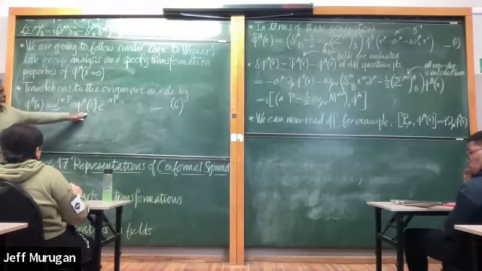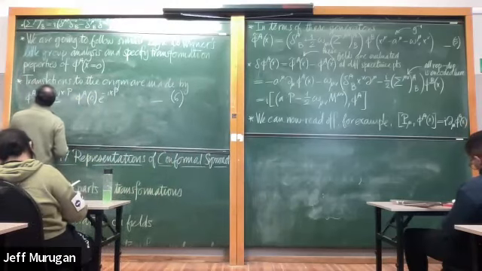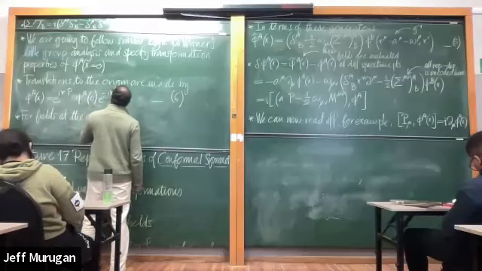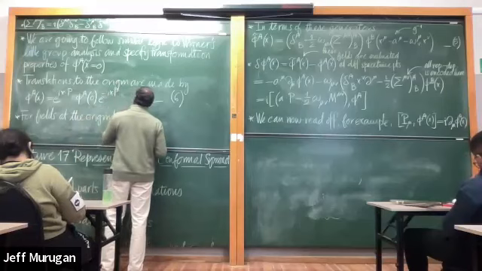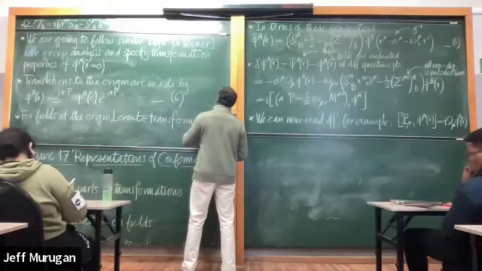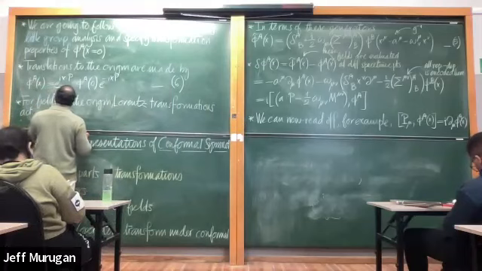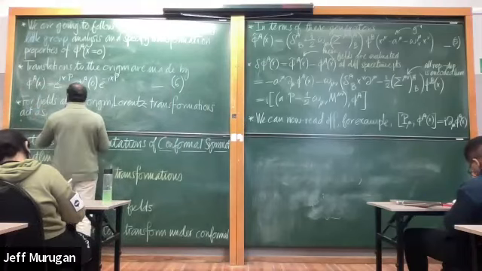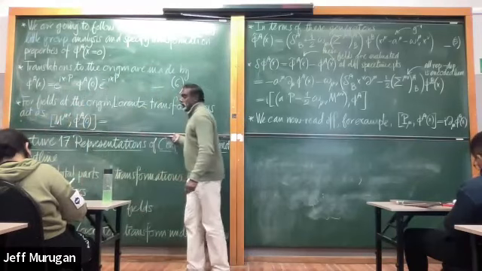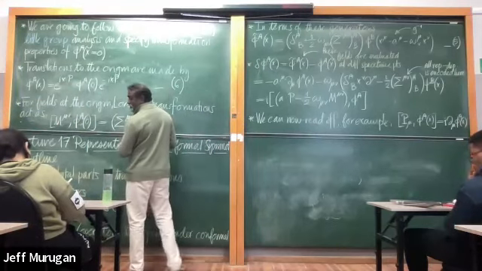Then for fields located at the origin, Lorentz transformations act as follows: M mu nu acting on phi A at naught is sigma mu nu A B phi B.